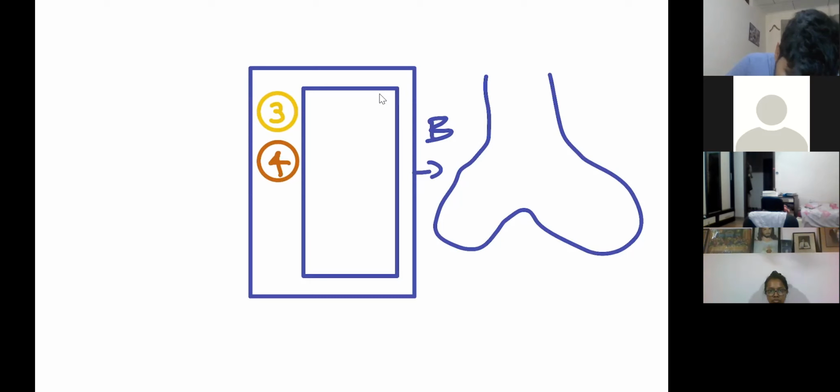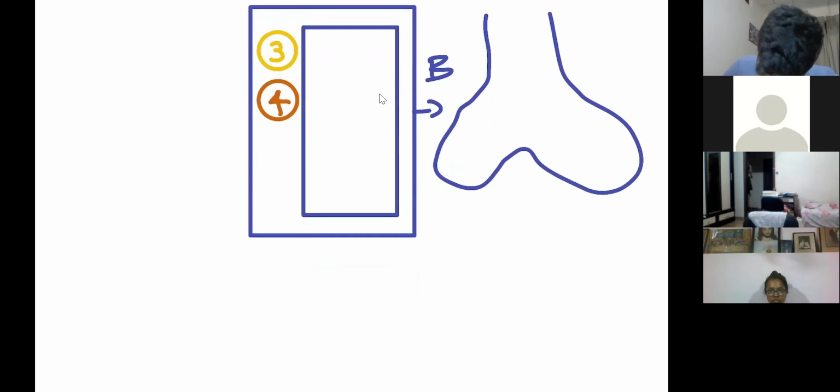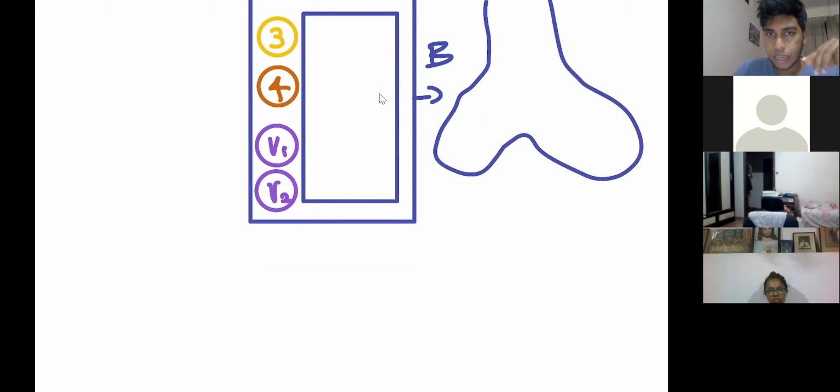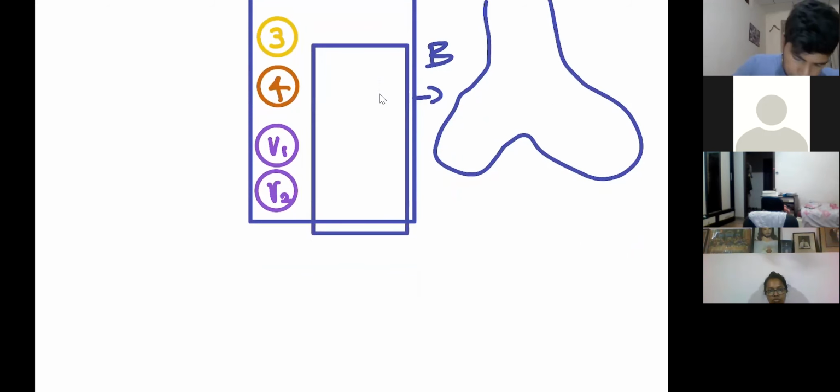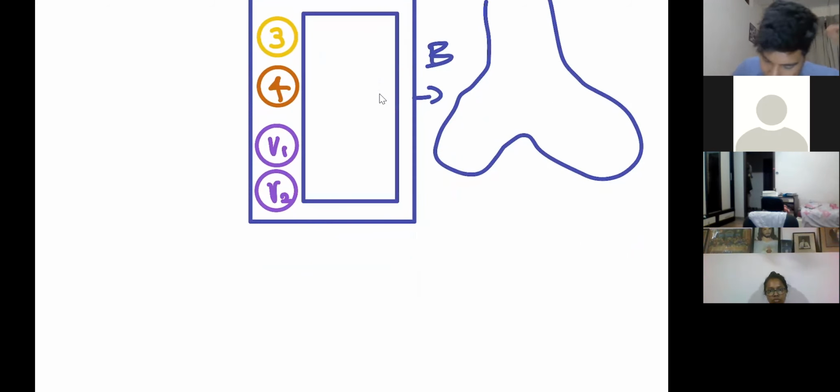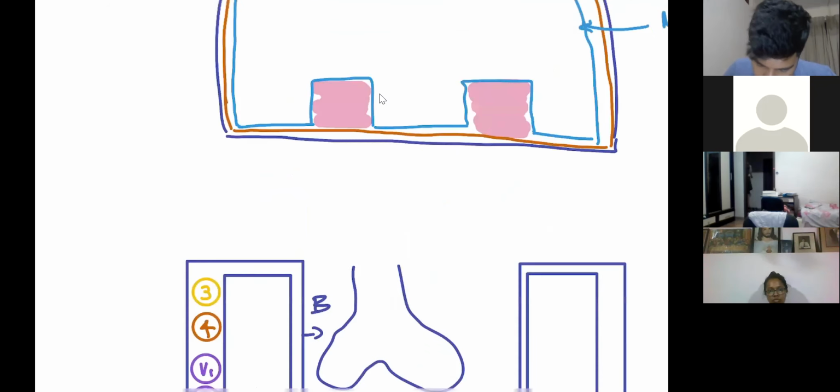Guys, the reason I'm taking this long to do the anatomy is because we need this when it comes to a stroke discussion. This is V1, V2. What are these branches of? Trigeminal. Yes, the ophthalmic and the maxillary branches of the trigeminal nerve go through the lateral wall of the cavernous sinus.